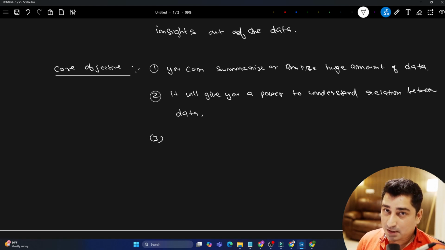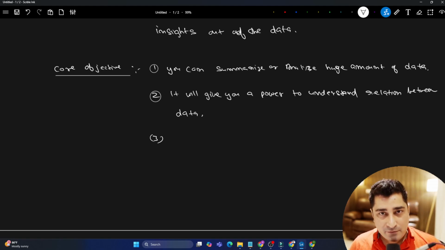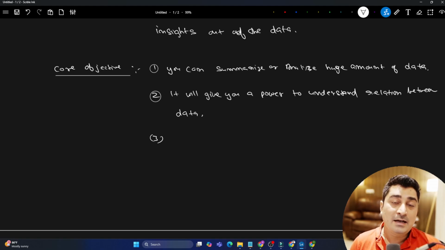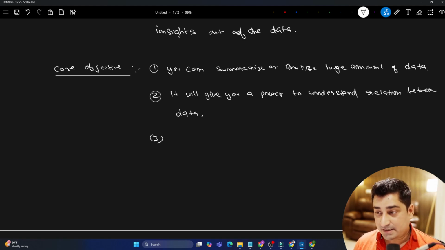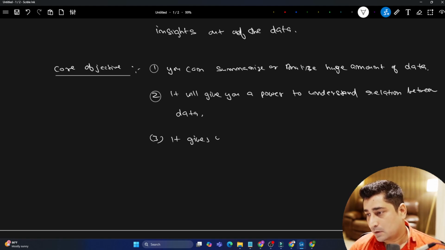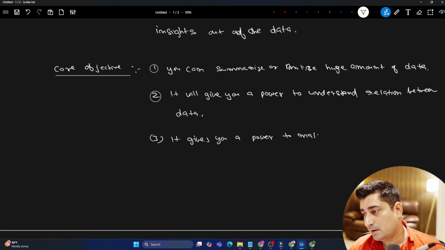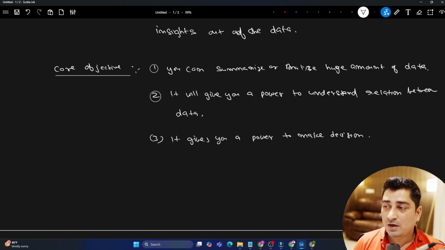If you are not certain about some of the decisions that you would like to take, statistics is a way. It is going to show you a path. It is going to behave like a light of hope for all of you, where you will be able to make a decision. So it gives you a power to make a decision after looking into data.